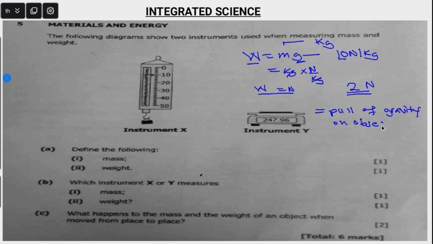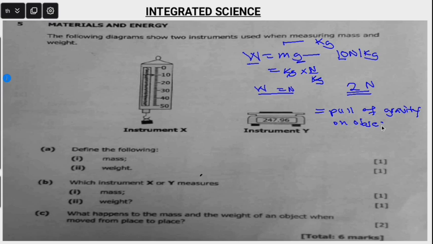The spring balance measures the weight of an object, and remember it is measured in newtons. If you have a spring balance, let me just draw a rough spring, something like this, and then you hang something here. Let's say you hang a stone.